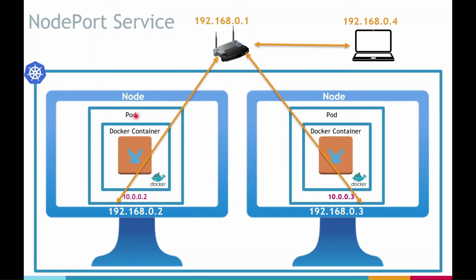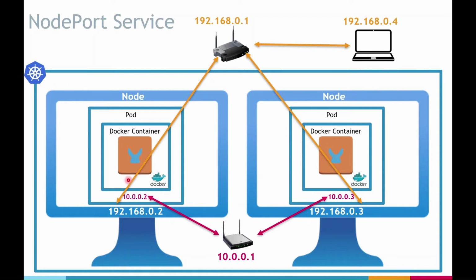So these pods will have their own virtual network. They won't be using the network of this physical router, but instead they'll have their own virtual network. So assume this to be a virtual router and it's leasing out two IP addresses, 10.0.0.2 and 10.0.0.3, to the other pod.